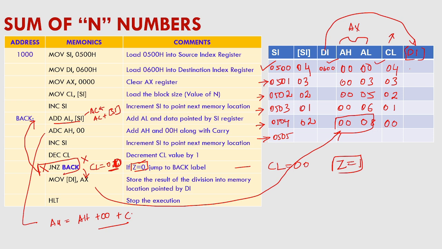In that location the value 0008 will be loaded. DI is a 16-bit register where we are storing the AX value. Now HLT stops the execution. This is the way to understand the program. Similarly, you can make a table for other programs and understand how each program executes.